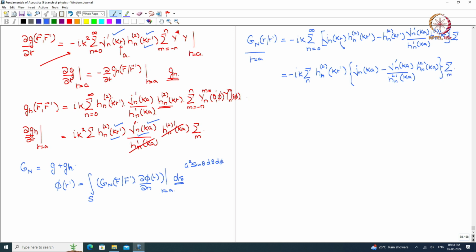This Hankel function of second kind is just j n minus i y n. So that this entity, I will not repeat, this entity becomes equal to Hankel function k r dash by Hankel function dash k a into minus of i by k square a square.